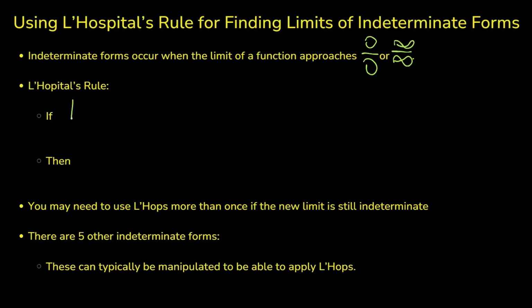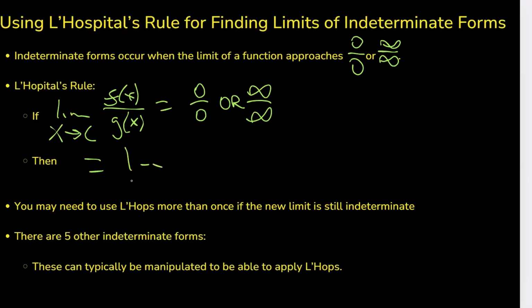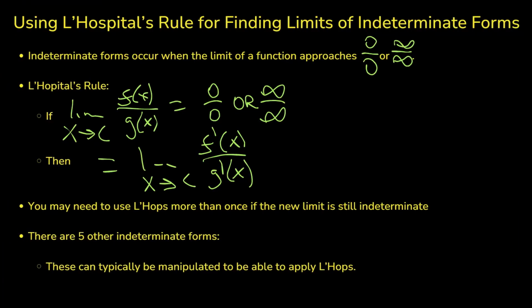If the limit as x approaches c of f over g equals 0 over 0 or infinity over infinity, then that's going to be equal to the limit as x approaches c of f prime of x over g prime of x. We didn't do the quotient rule here. This is the ratio of the rates of change of f and g. Now, you may need to use L'Hopital's rule more than once if that new limit is still indeterminate.